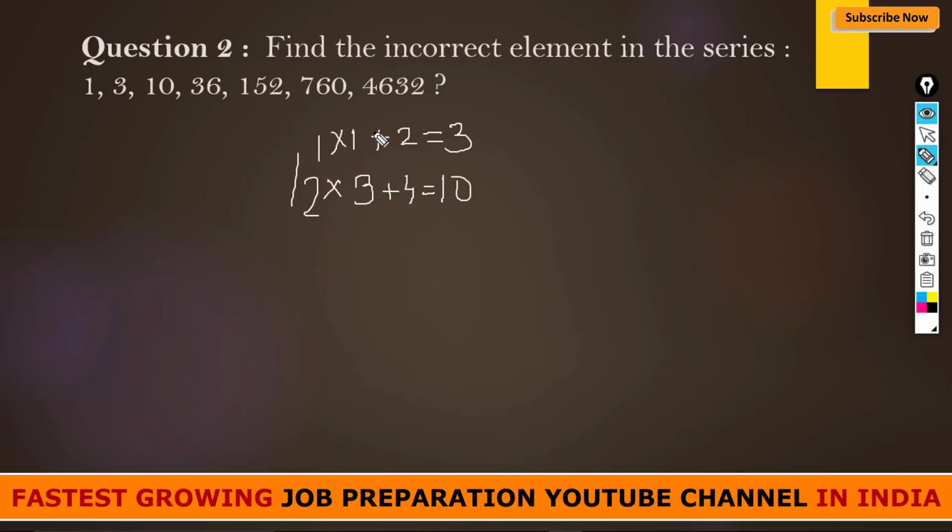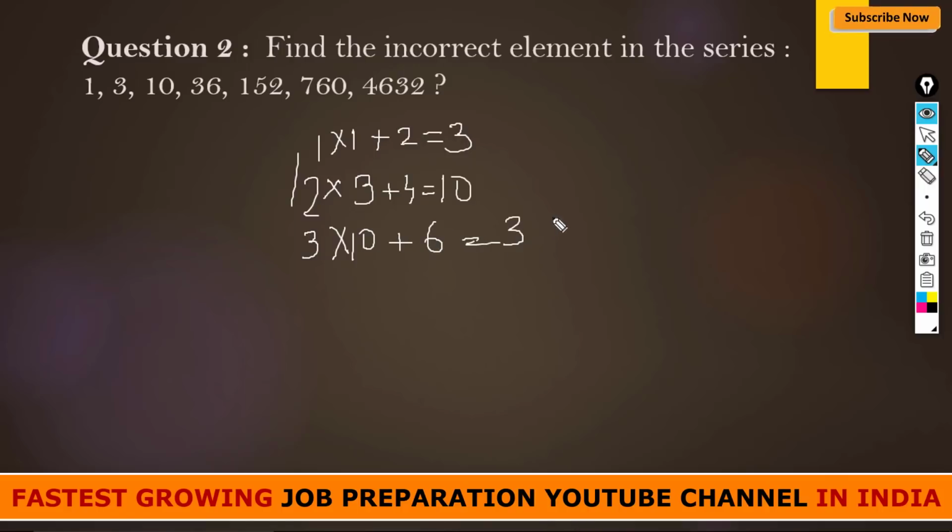Let us try with the 10, whether we can bring 36 from 10 or not. So here after 1, 2, let us write 3. Take the previous number, that is 10. That means 3 into 10, which is 30, plus 6.